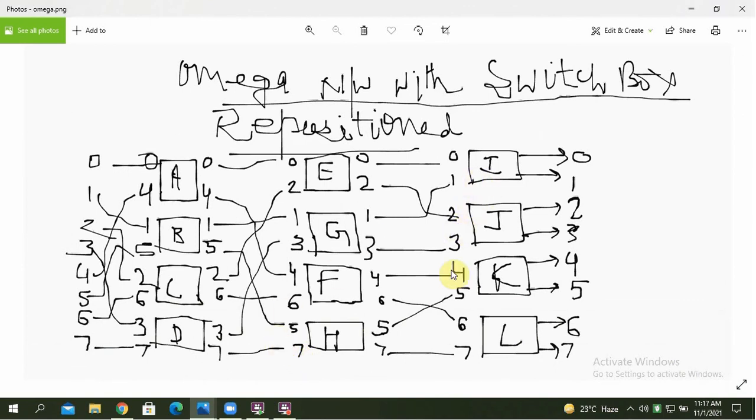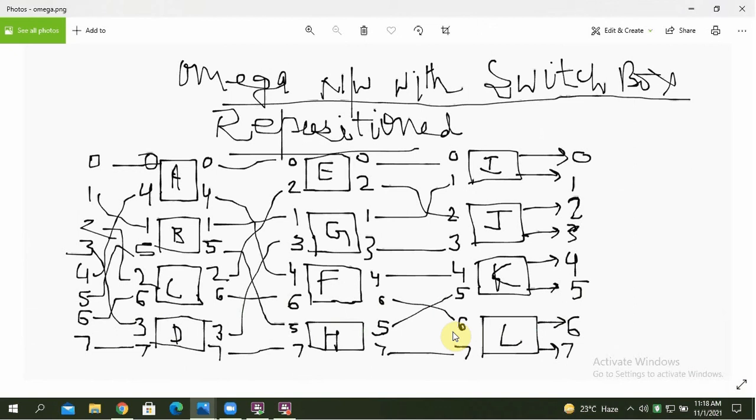And here 0 to 7. Simply connect them. This is the n-cube network.